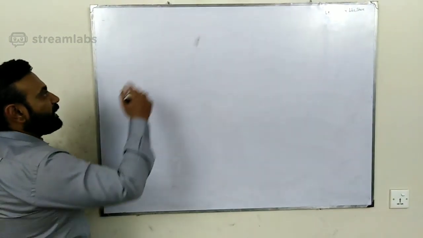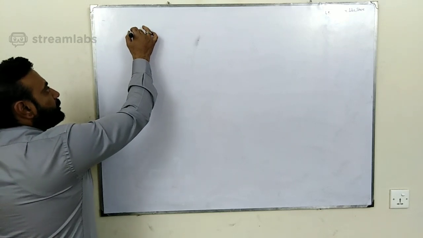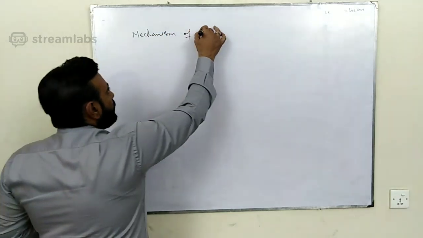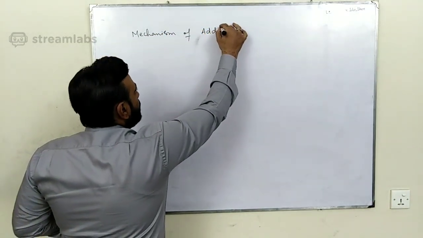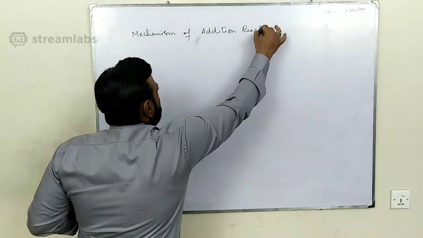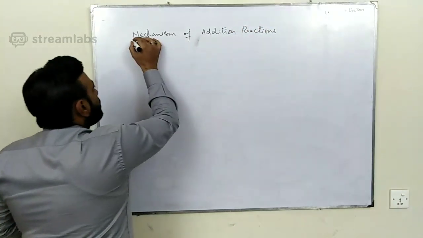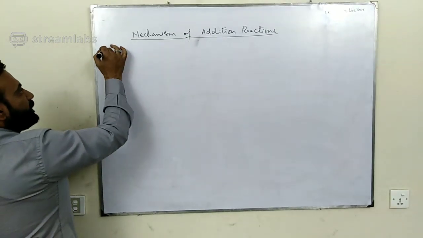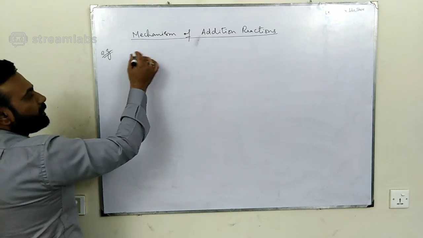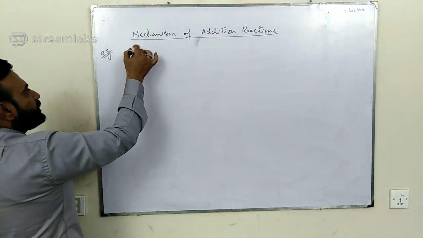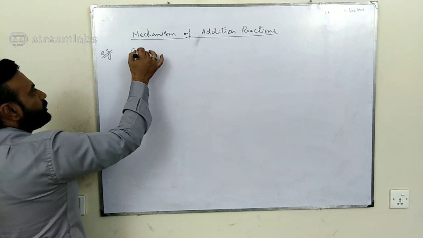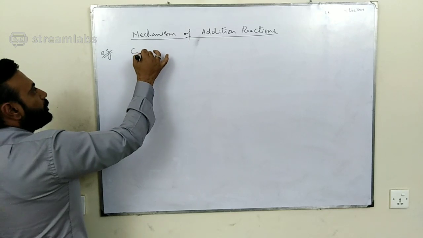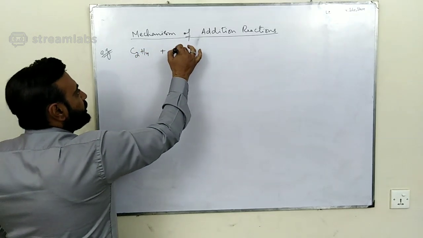Now moving on to the mechanism of addition reactions. For example, let us take the example of this reaction, the addition of bromine to ethene.